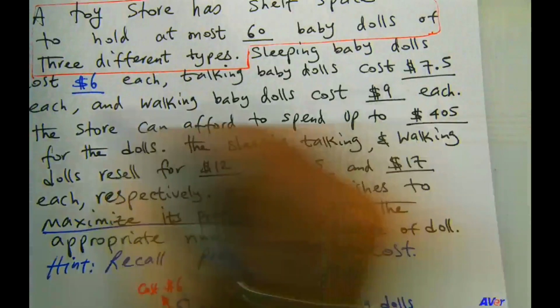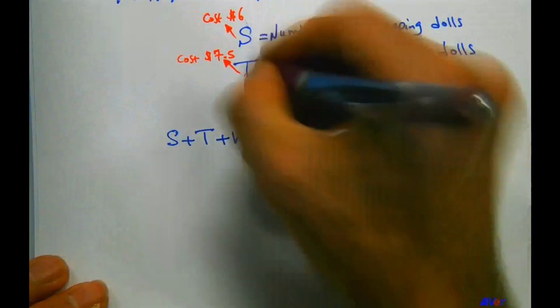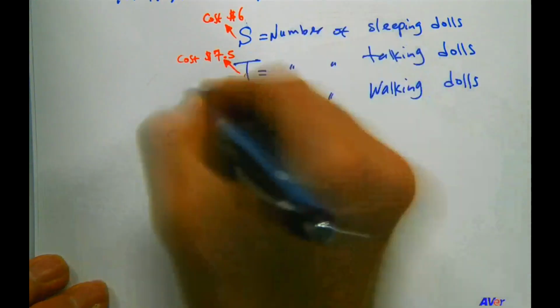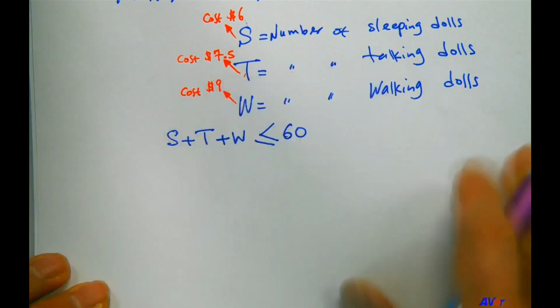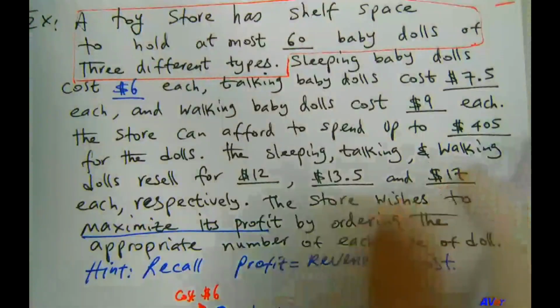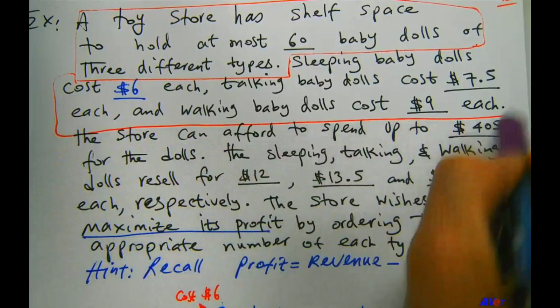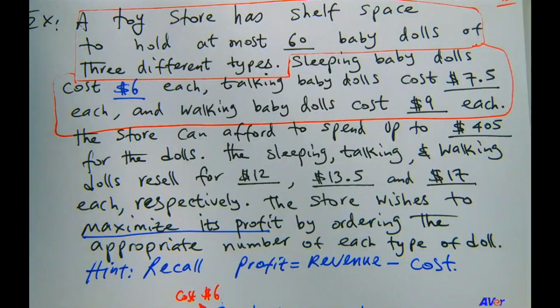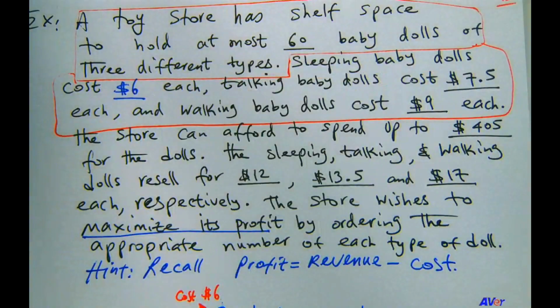Right? And walking baby dolls cost $9 each. $9, right? So far, we've translated all of this information into symbolic form. So if somebody comes and rips off this portion of the page, I won't miss it. Okay, I won't miss it. I have already captured that information.